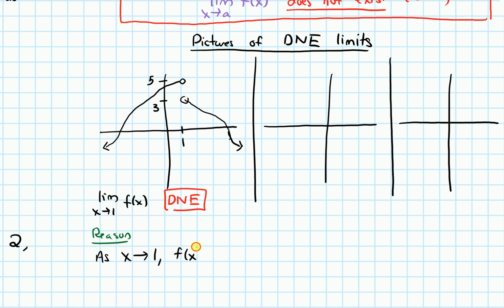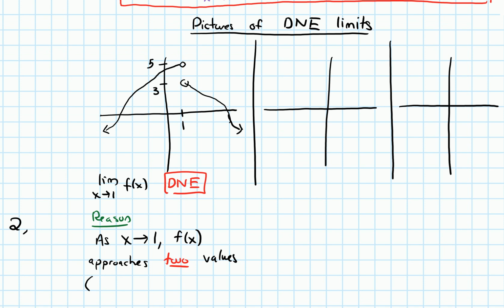F of x, and when I write f of x, I'm talking about the y values, f of x approaches 2 values. There are 2 numbers that our y values seem to be getting close to. And those 2 numbers seem to be 5 and 3, depending on which side we're getting really, really close to x equals 1 from. So there are 2 values f of x is approaching, not 1.